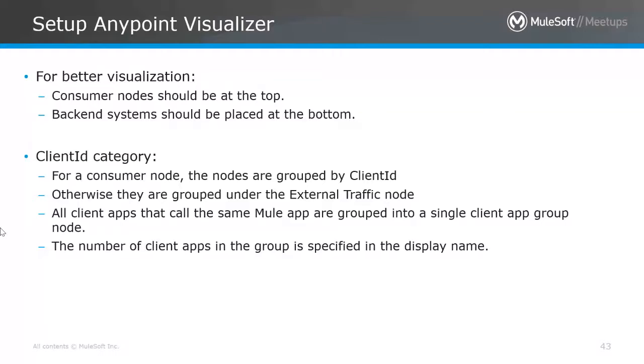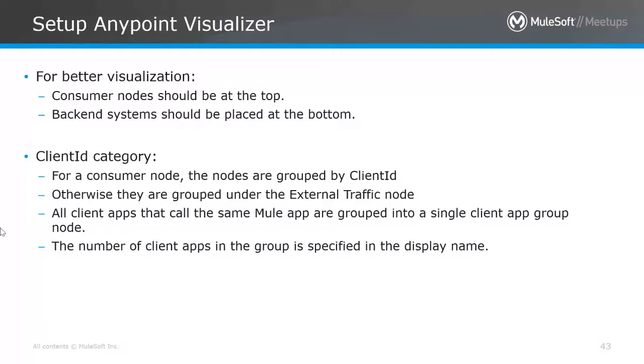So the nodes which are in the source are not consumer nodes, like schedulers or batch jobs which are calling other applications, or some external client app which is used by some external application, not inside the MuleSoft apps. Those are called the consumers, and the nodes are grouped by client ID.